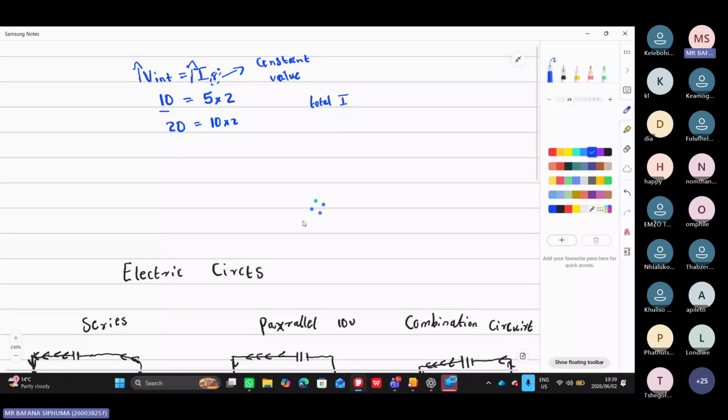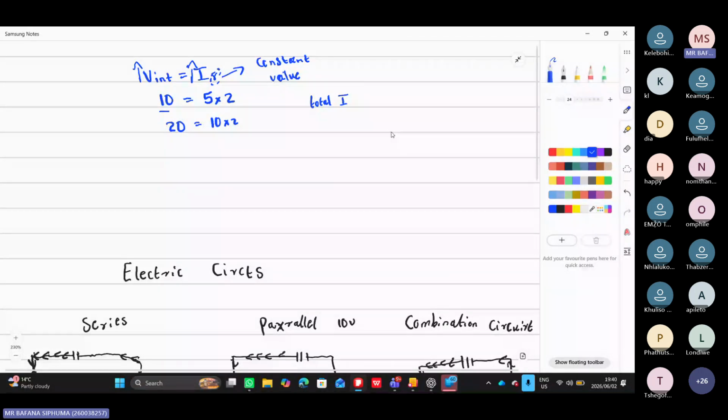V load, I think, is the external one, and V lost is the internal voltage. It's one and the same thing, just different language. If you prefer V load and V lost, you can stick to that method, as long as my method doesn't confuse you, you are fine.